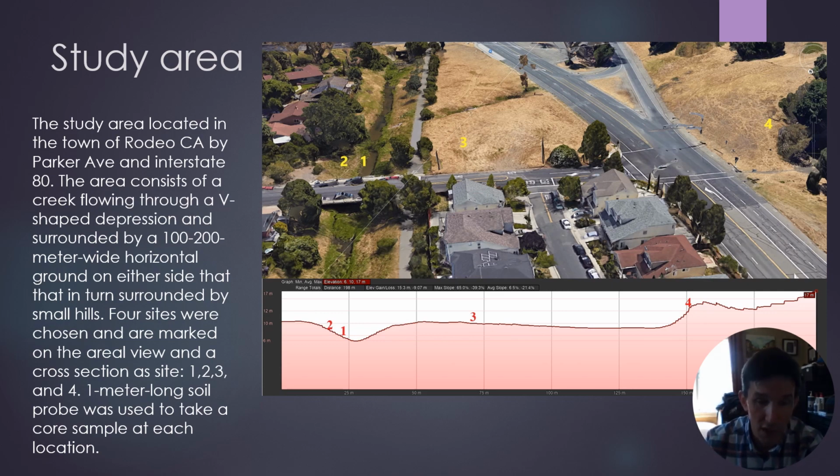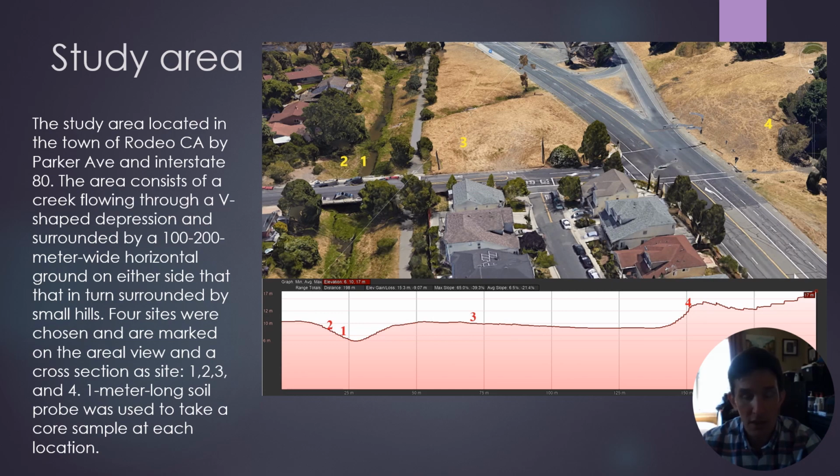So we have our sites marked as site 1, that is taken by the edge of a creek. Site 2 is taken on a slope of the river channel, just a couple meters away from site 1.